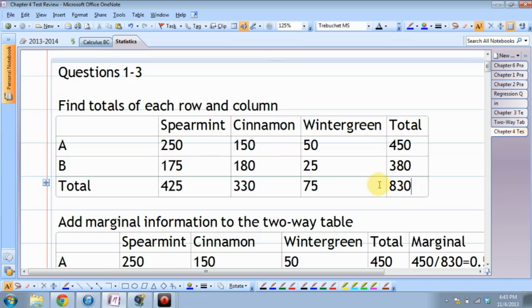The other way is to take each one of these 6 cells, add all 6 of those together, and that would also give you 830. So that's 3 different ways of getting 830.